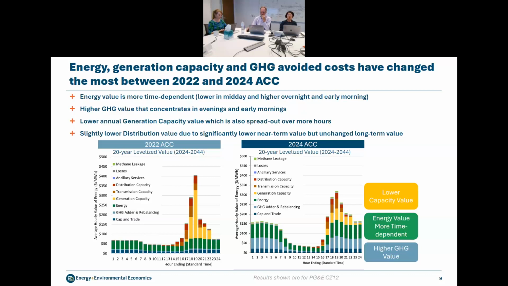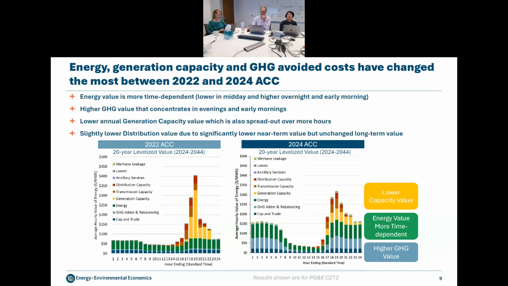That's because the GHG emissions are directly related to the energy prices. So when the energy price is high, the GHG emissions are also high. So that's where the GHG value is high as well. And conversely, we see that compared to the 2022 ACC, the generation capacity avoided costs are lower and also spread out in more hours.